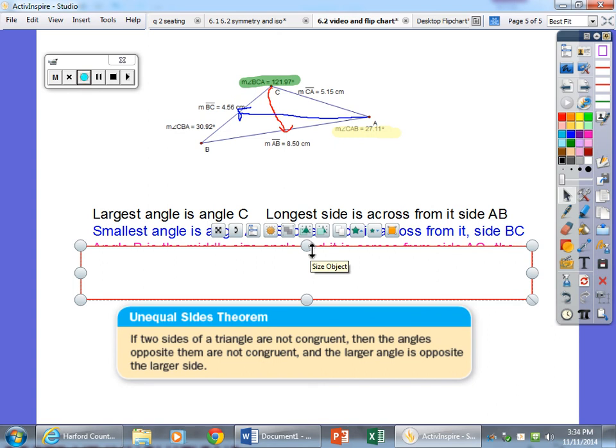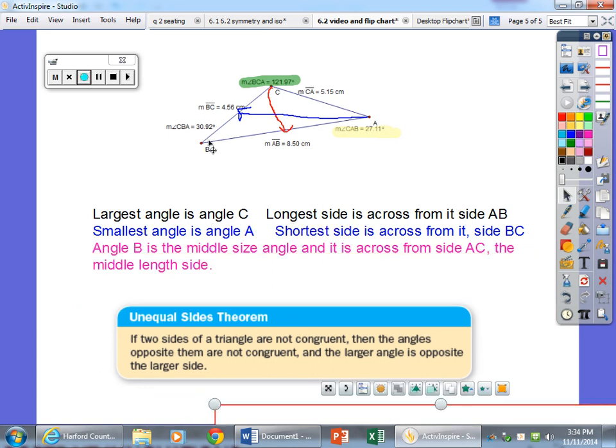I saw a lot of people who said that the sides aren't congruent since the angles are congruent, but I did not see anyone who caught on to the idea that in a scalene triangle, the longest side is opposite the biggest angle, the shortest side is opposite the smallest angle, and then we have angle B, the angle in the middle, and the side opposite angle B is the side whose measure is in the middle. So it would allow me to put these sides in order from least to greatest.